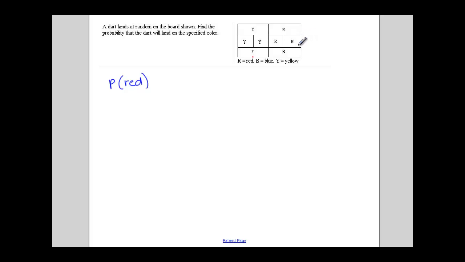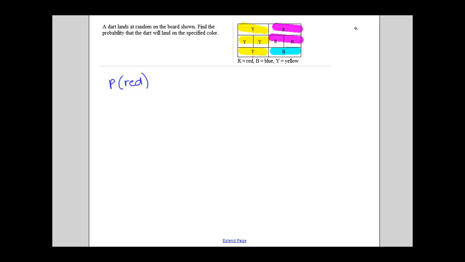So if I want to know the probability that the dart would land on a specified color, I have this part that's yellow, this part that's red, red, yellow, yellow, and blue.